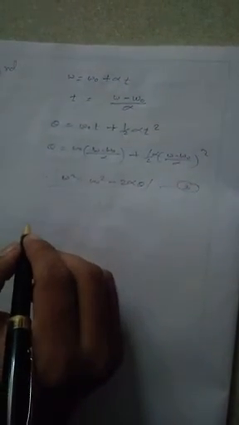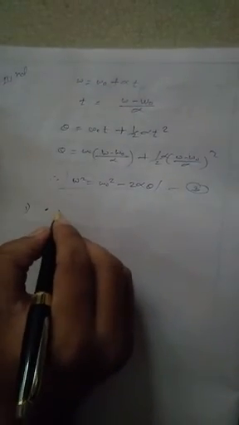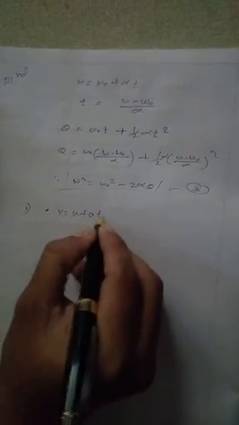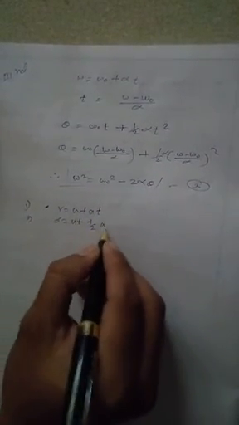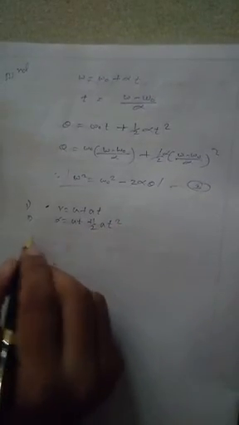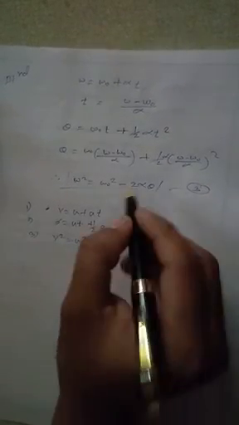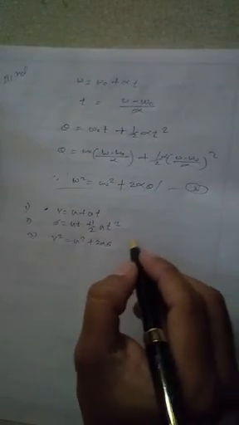The three kinematic equations for linear motion are: the first equation is v is equal to u plus at, then the second equation is s is equal to ut plus half at square, and the third is v square is equal to u square plus 2as.